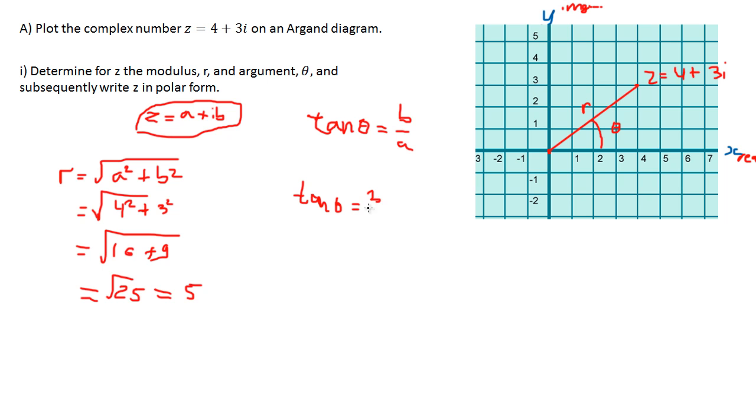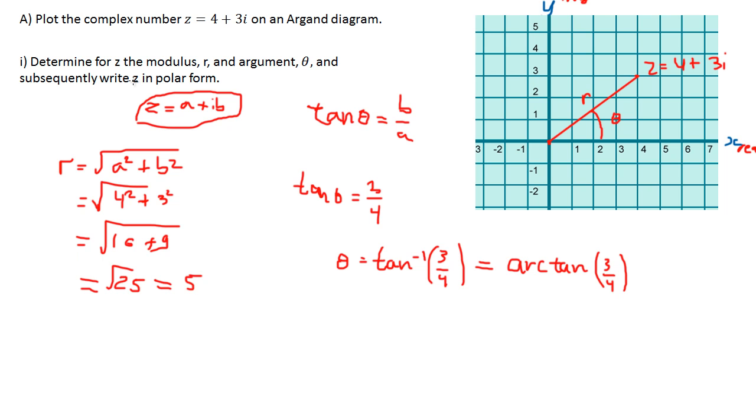So 3 over 4, and the answer would be theta equal to inverse tan 3/4. Now you could calculate this, but it's not needed. It's only asking for an argument, and this is a valid answer. You could also put arctan, and that will be a correct answer as well.